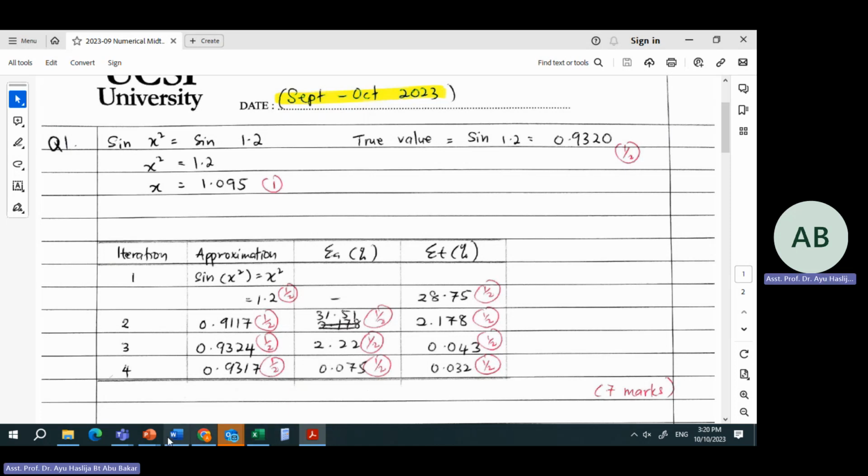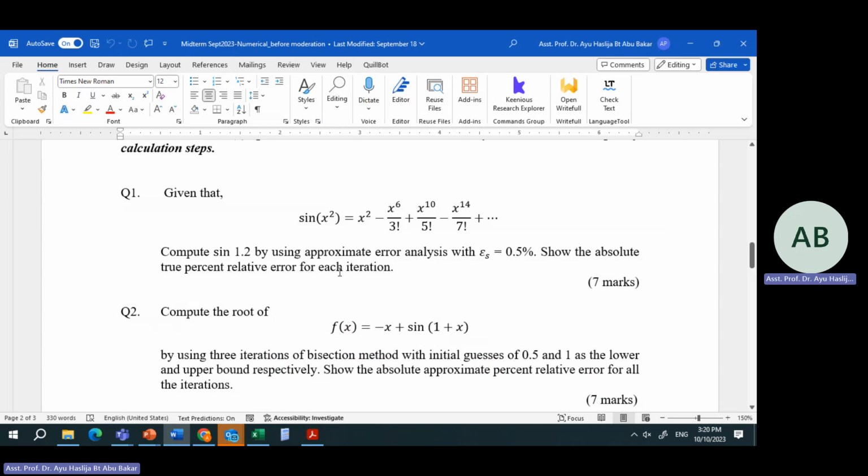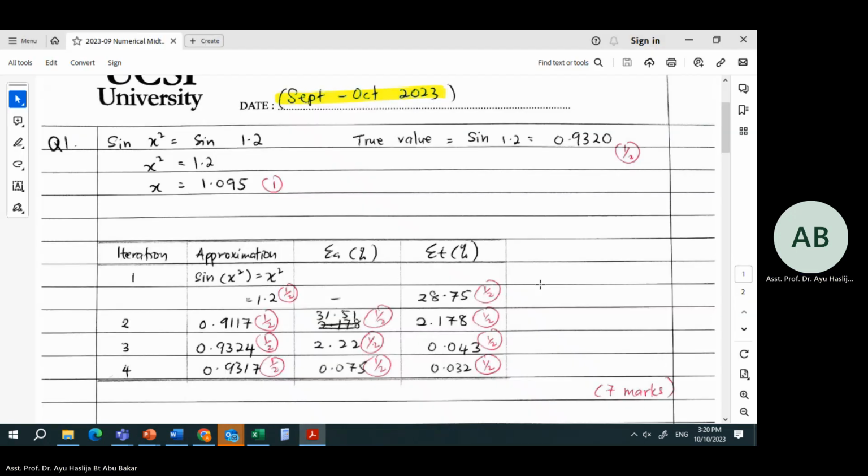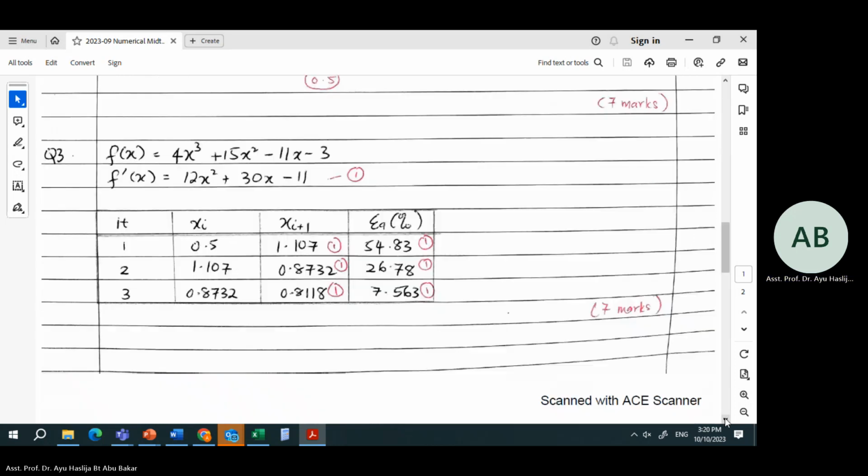Then the question asks you to find, for all, the absolute true percent relative error for each iteration. For each, you should show the true and approximate error. Each brings half marks. You know how to do it, it's just the X value that is wrong.